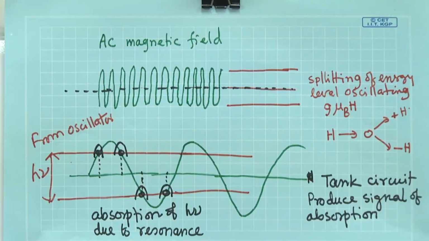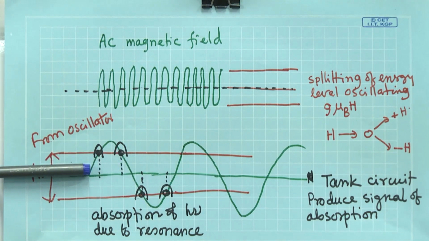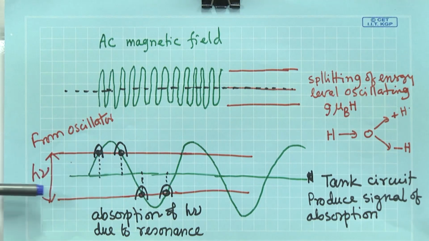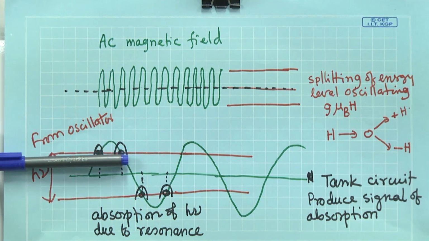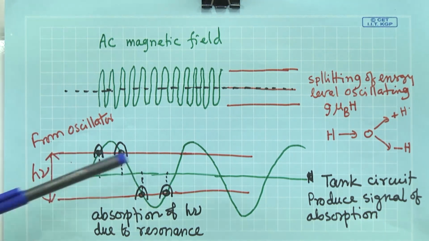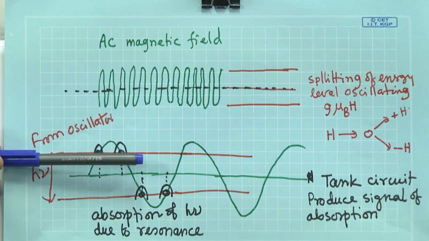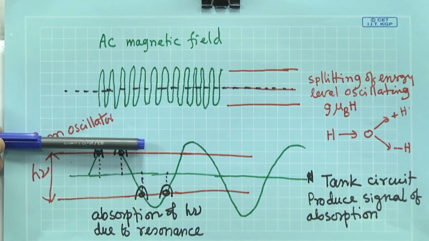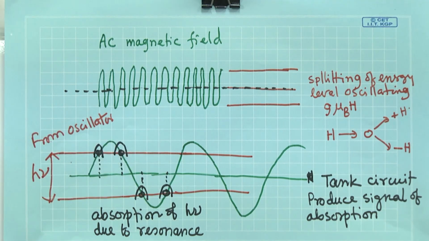Now for the resonance condition, whatever peaks we get, the peak separation will depend on this energy. So if this energy is lower, you will see the separation is higher. If this h nu is higher, they will be closer. Okay.